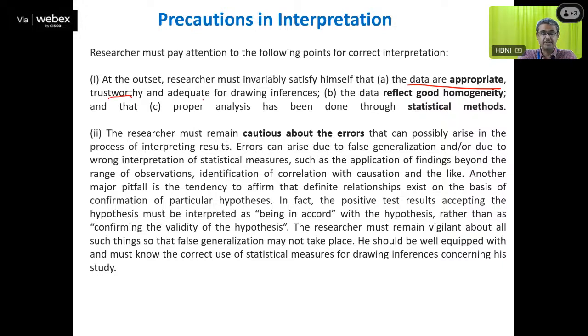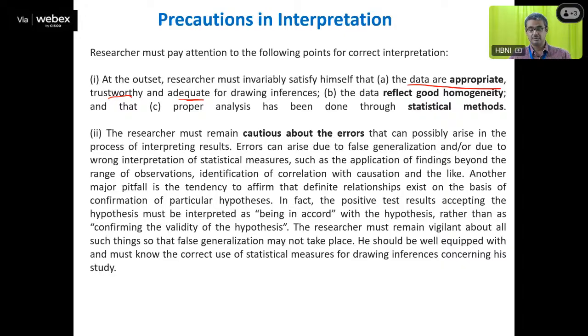Trustworthy and adequate, or enough for drawing inference. So you are drawing some inference; the data has to be appropriate, collected from a reasonable source, and also substantially large enough for drawing your inference.